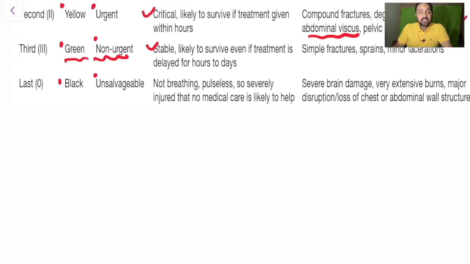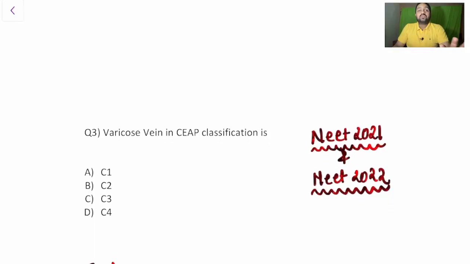Now the next question that we have is varicose vein in the CEAP classification. This CEAP classification was asked both in NEET 2021 and NEET 2022. So varicose vein in the CEAP classification is C2. Now let's take a look at the CEAP classification.